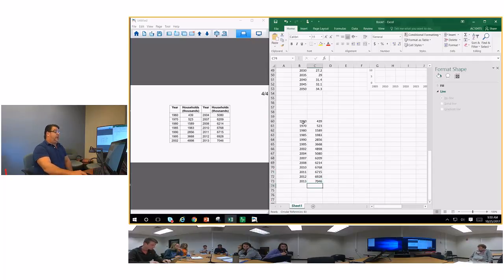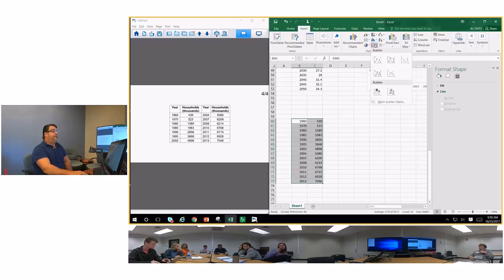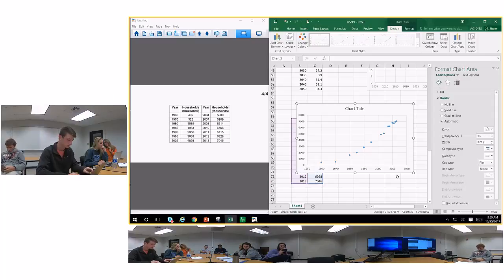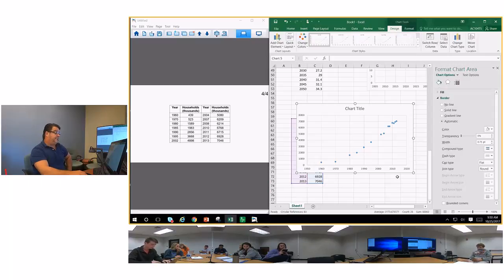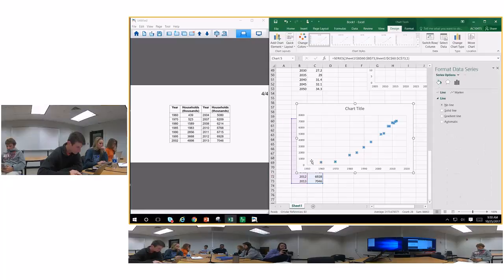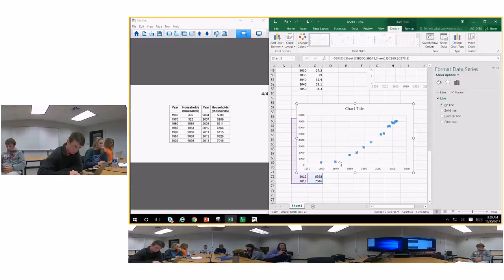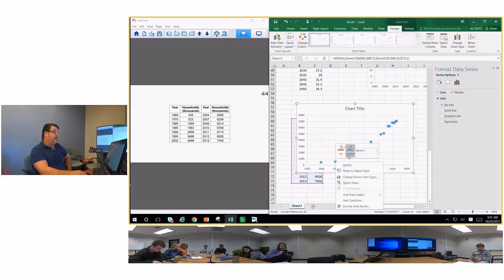And let's see what we got. Dang old insert. Looks non-linear to me. You could do a linear, but I think it would be non-linear, mainly because you got this curve going right here. So, it depends on what the directions say. They may ask for both, but I doubt it.